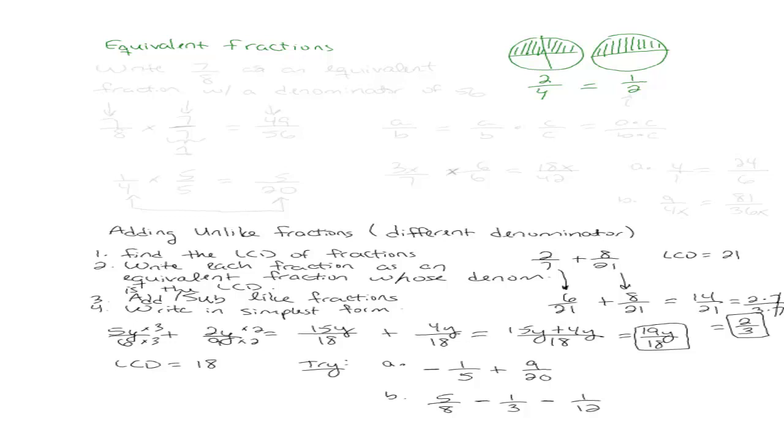And how can I check if they're equivalent? Reduce both of them and see if they equal the same thing, right? Okay. So now we're going to kind of do the opposite. We're going to start with a fraction that's already reduced, and we're going to write it as an equivalent fraction with a different denominator.